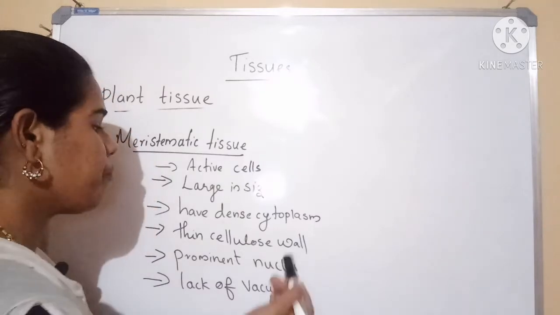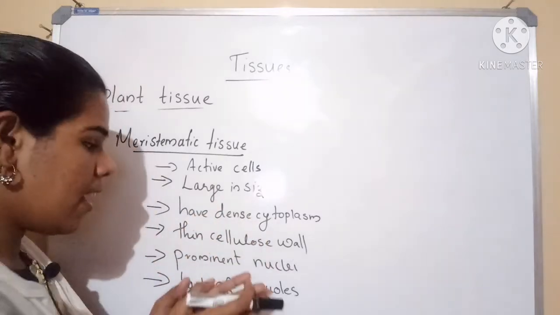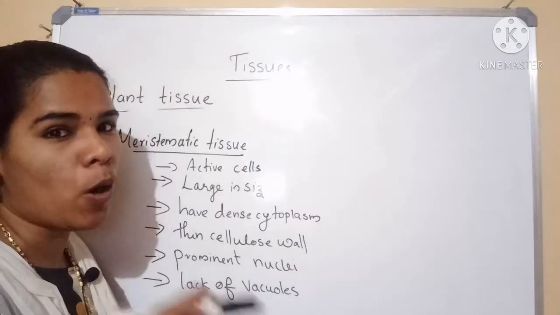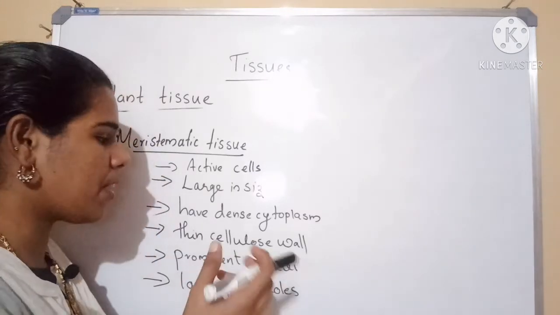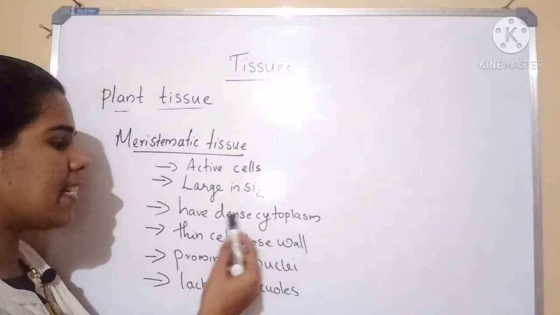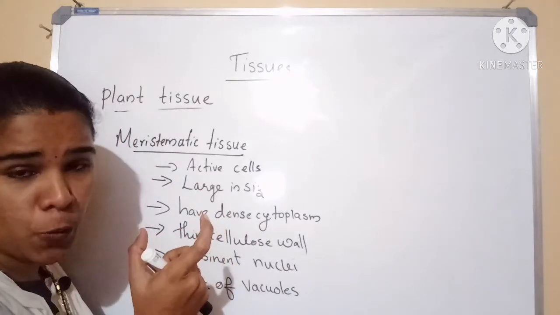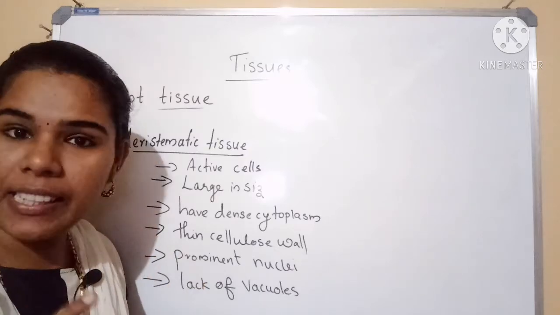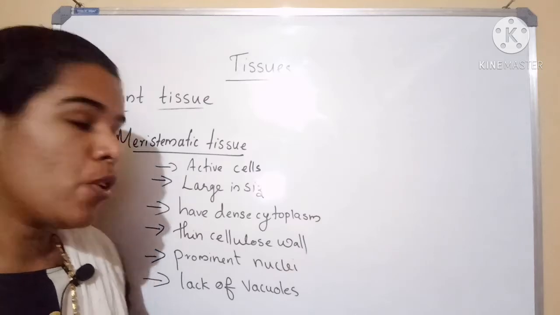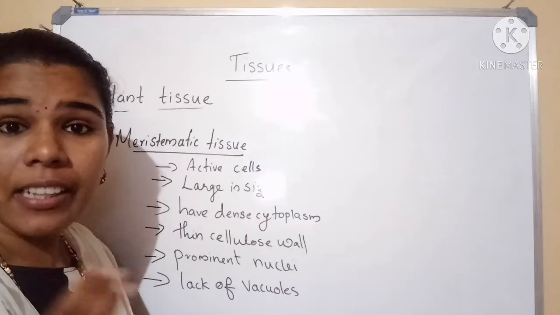They are comparatively large in size and have dense cytoplasm; a high amount of cytoplasm is present. Thin cellulose walls are present. We know plant cells have an additional protective layer called the cell wall, made up of cellulose, and here the cell wall is very thin because of division.